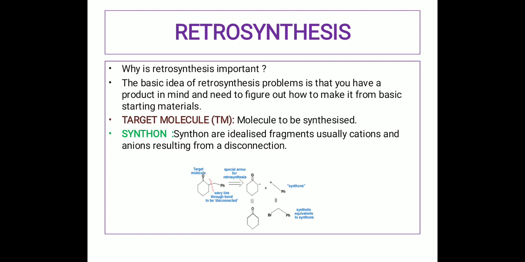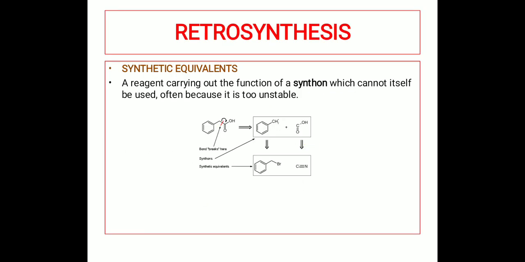We cannot use synthons as a starting material to obtain any target molecule. So these have to be further made into suitable reagents which can be used as starting material to produce the target molecule. Now they are called synthetic equivalents. Let us see the definition. A reagent carrying out the function of a synthon which cannot itself be used, often because it is too unstable.